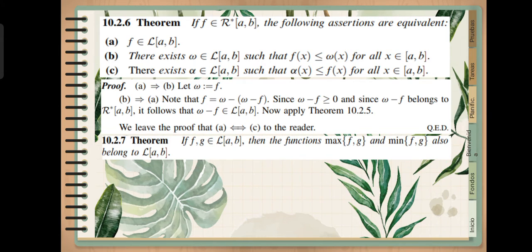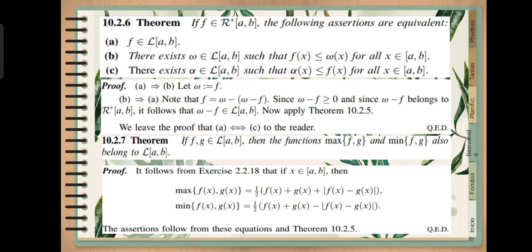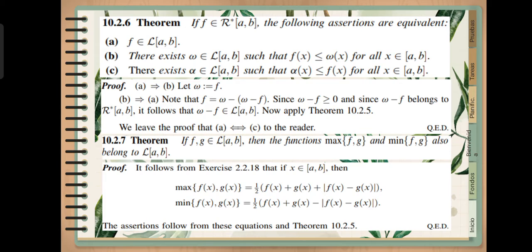10.2.7 Theorem: If f, g is an element of L[a,b], then the functions maximum of f, g and minimum of f, g also belong to L[a,b]. Proof: It follows from exercise 2.2.18 that if x is an element of [a,b], then the maximum of f of x, g of x is equal to 1/2 the quantity f of x plus g of x plus the absolute value of f of x minus g of x.